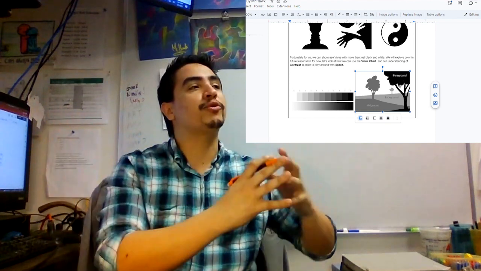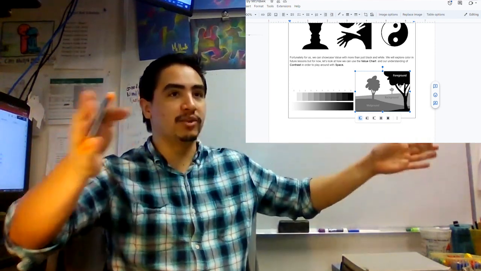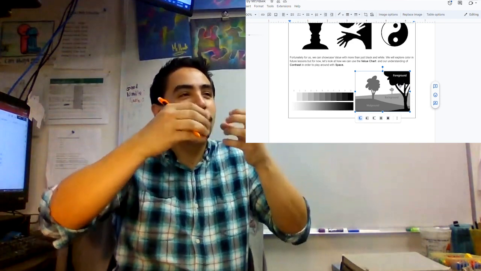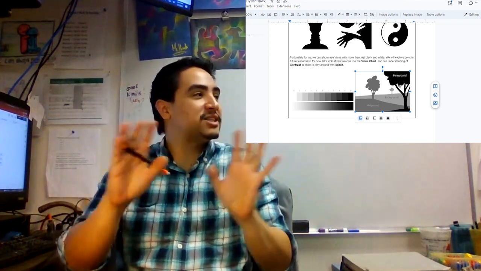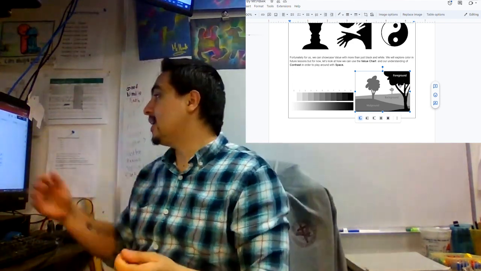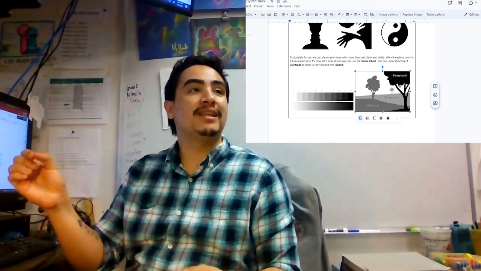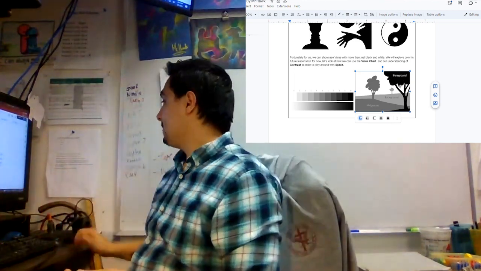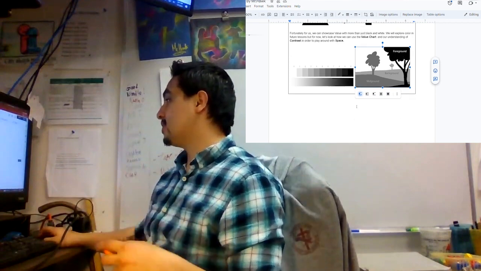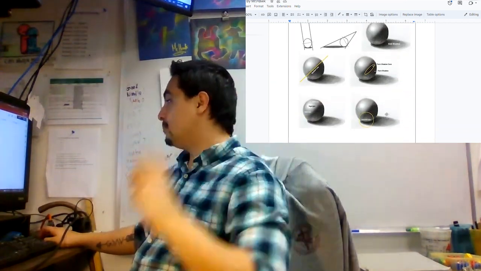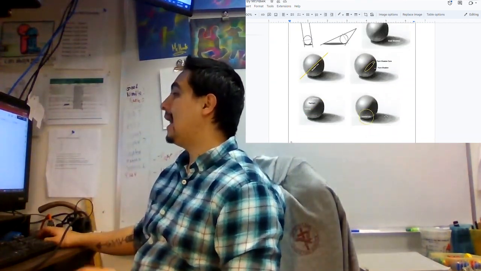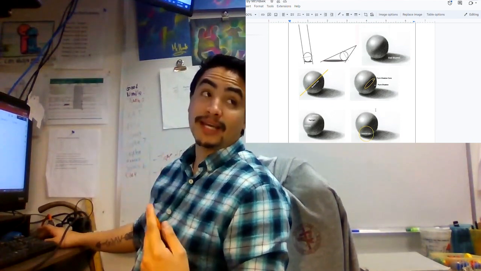But as things move further and further away from you, atmosphere is getting in the way, so it gets like a little bit more gray and less crisp and clear. And so that's why the further things get back, the lighter they seem, right? Okay? So that's just another application of value. But we're going to move on into how that affects light. All right?